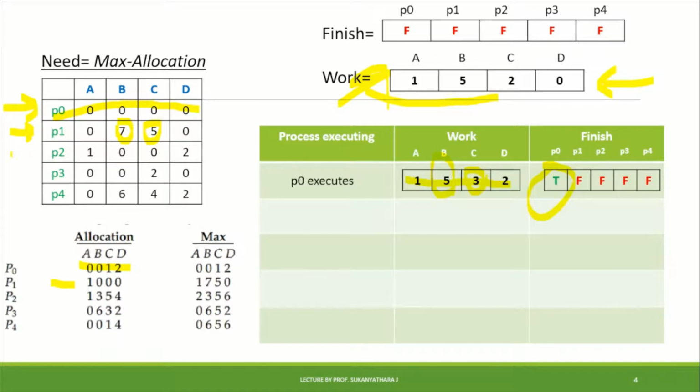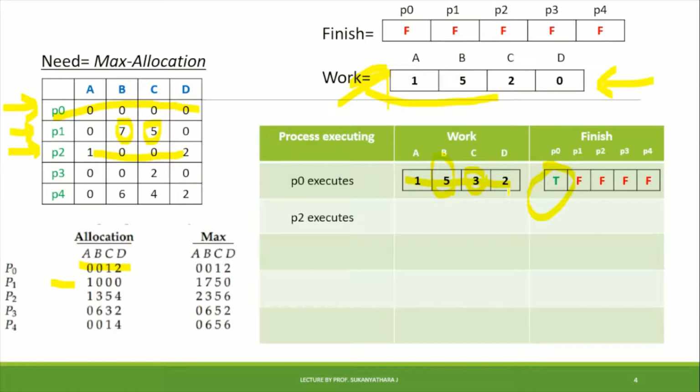Then it checks with P2. Can P2 execute? Yes, because the requirement of P2 is 1002. Our availability is 1532. Yes, P2 can execute. P2 executes completely and leaves. What happens?